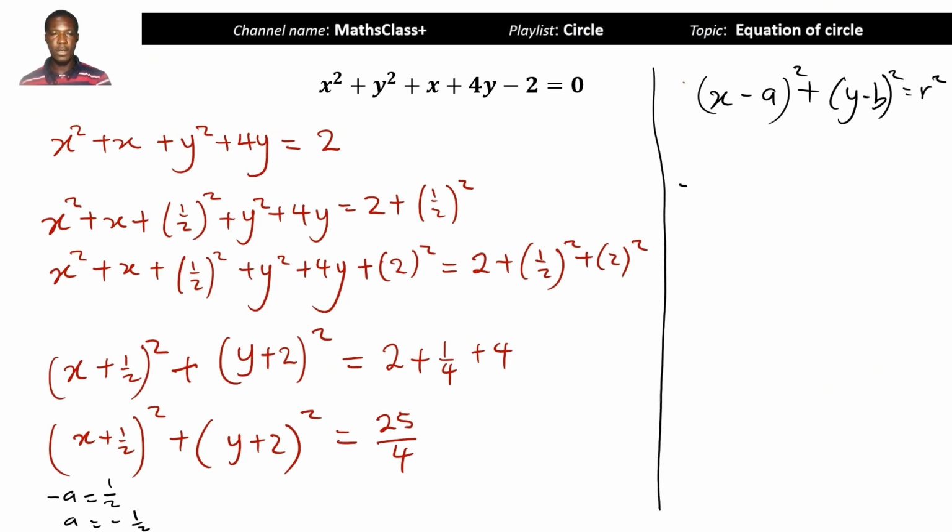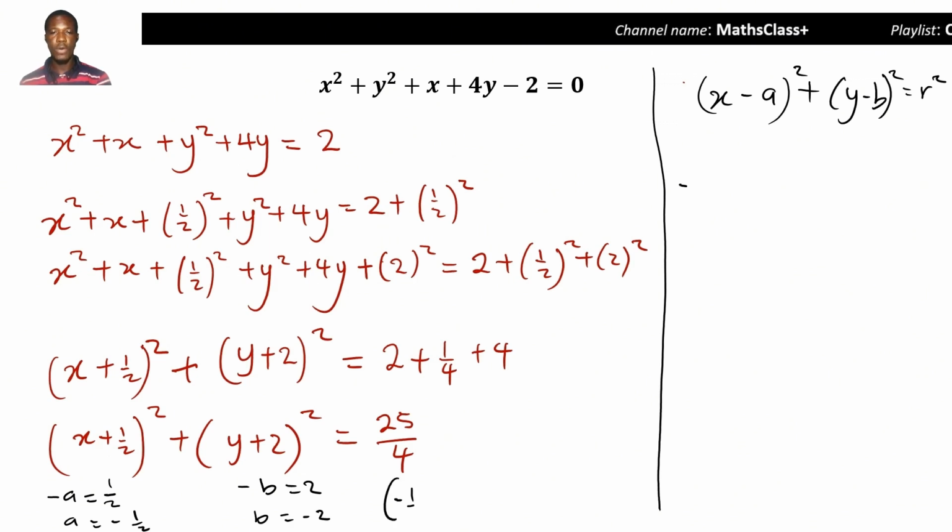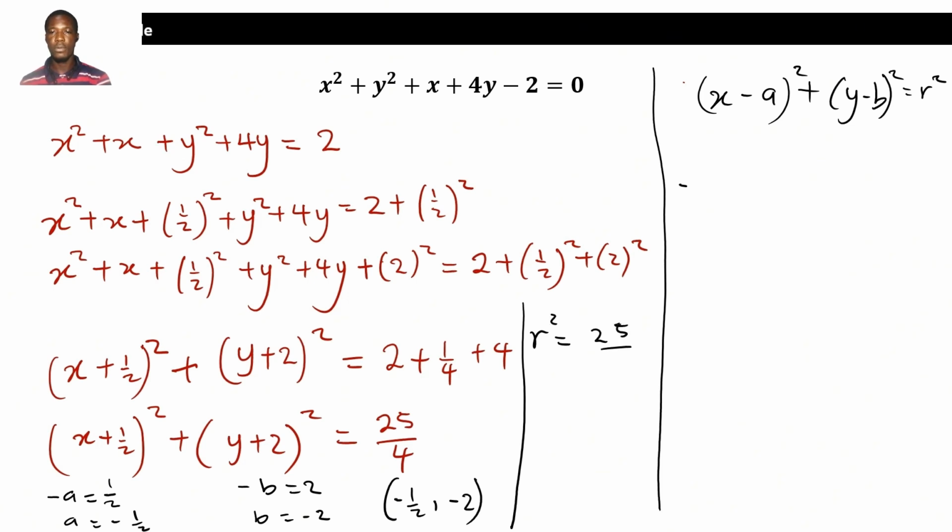And then minus b is also representing 2, and that b is equal to negative 2, which gives us the center minus 1 over 2 and then minus 2. Then when you compare r squared, we see it as 25 over 4.